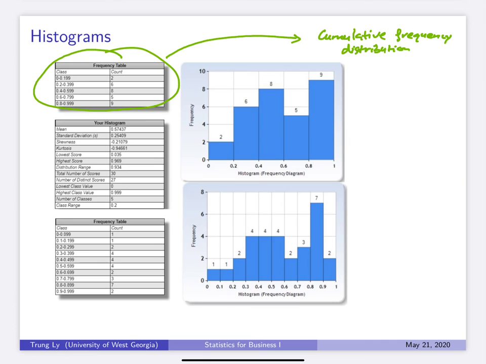So what I will have is two columns: one column for the value, and the other column for cumulative frequency.